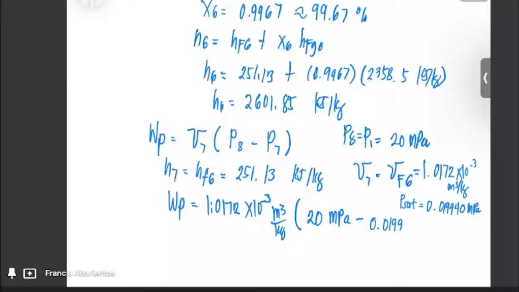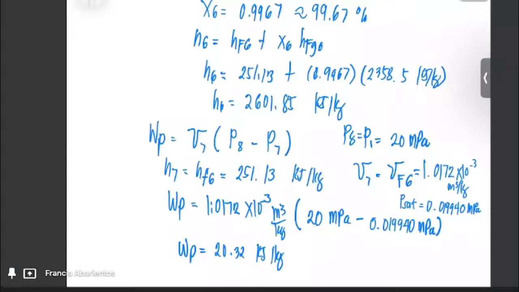So, we compute for the work of the pump. What is now the answer? Gising pa kayo, class. Haba ng solution natin. Sa pagdalawang stage. Okay? What is now the work of the pump? We have 20.32 kilojoule per kilogram. Okay.